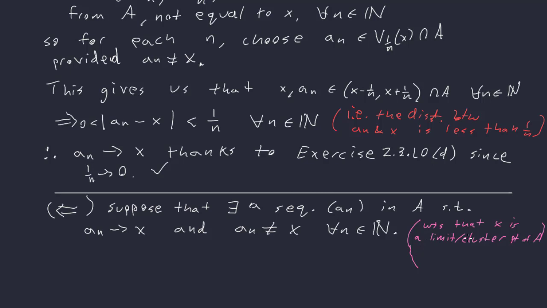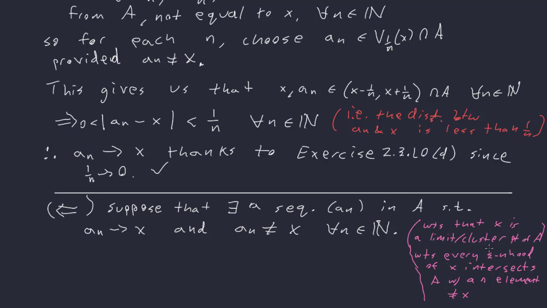So we want to show that, and this really shouldn't be that difficult to get. We want to show that every epsilon neighborhood of x intersects A with an element not equal to x.